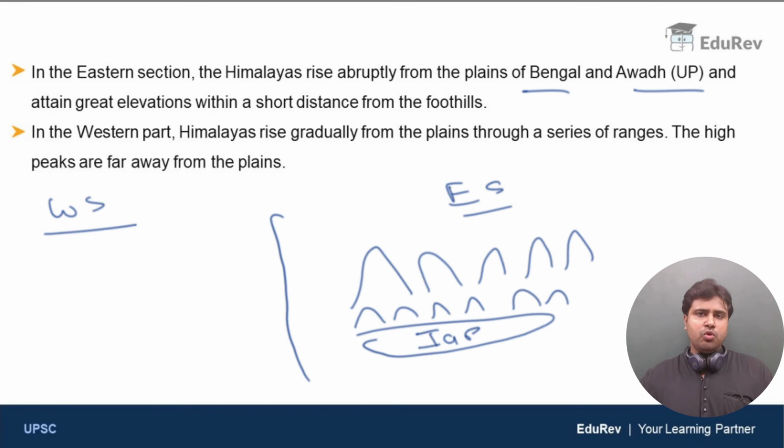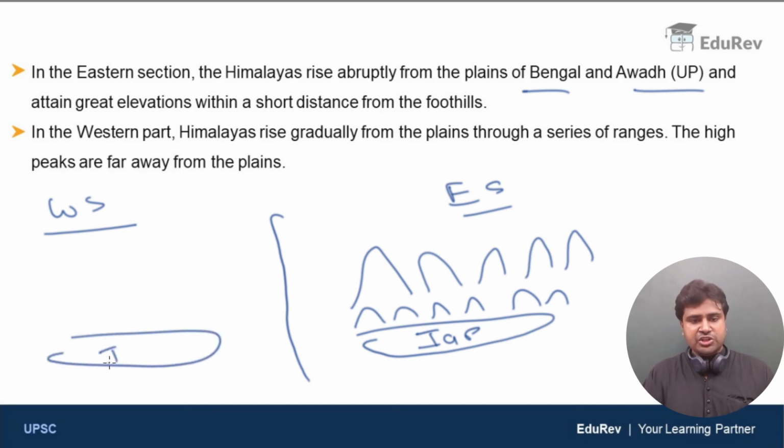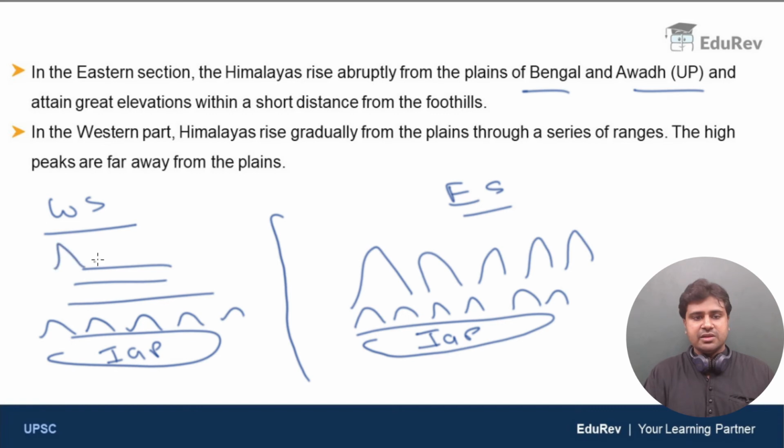So mountains which are more than 6,000 meters, 7,000 meters or 8,000 meters high. But when you come to the western section, again you have the Indo-Gangetic plain, and then you have Shivaliks, and after some distance you find the high peaks.